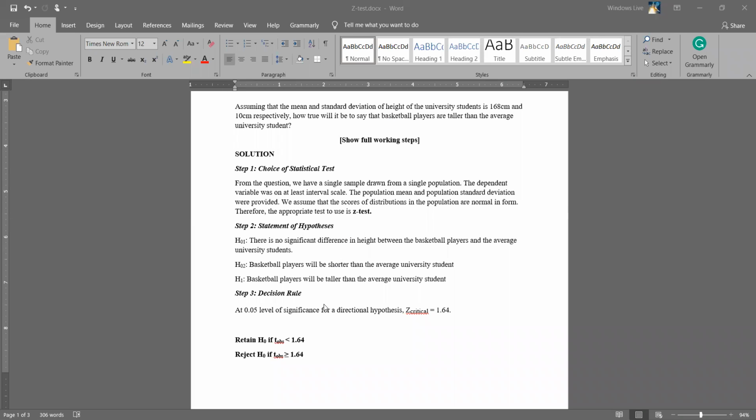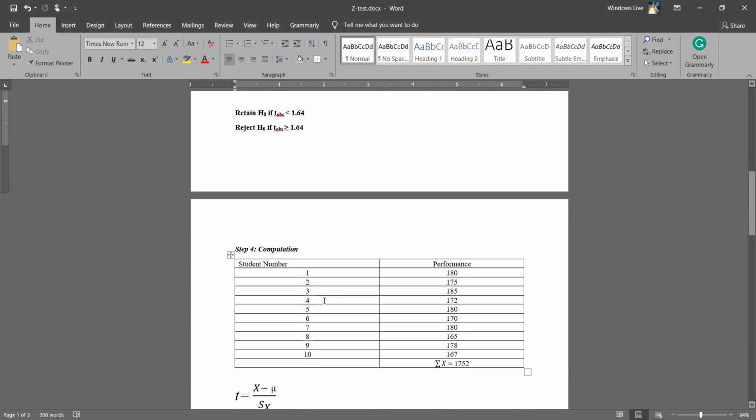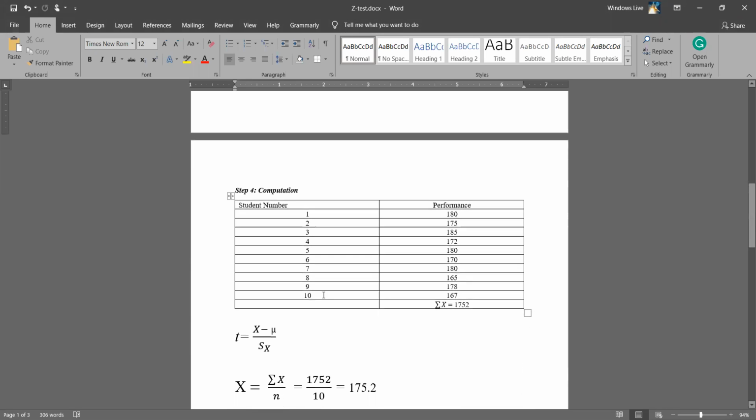Then the next step is step 4, computation. So you realize that from step 1 up to step 3, we didn't do any computation or any calculation. Step 4 is where you do all your calculations.